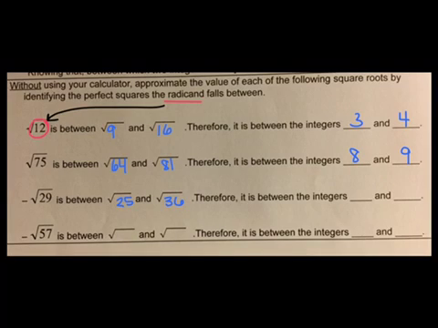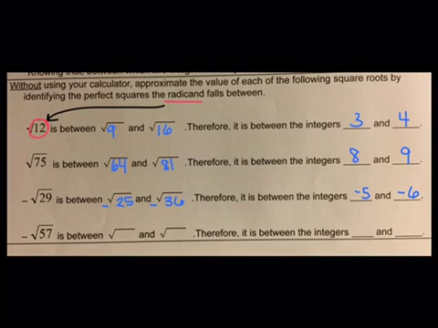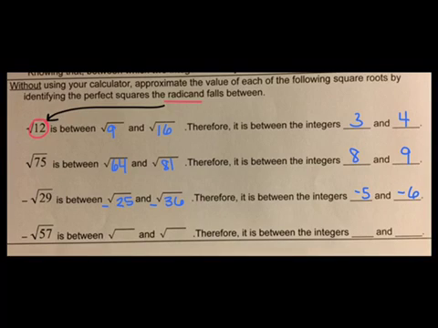But just to keep in mind that we're looking for the negative root, I'm going to put a negative sign in front of both of my perfect squares. So therefore we know it is between the integers of -5 and -6. So the negative square root of 29 falls between the integers -5 and -6.